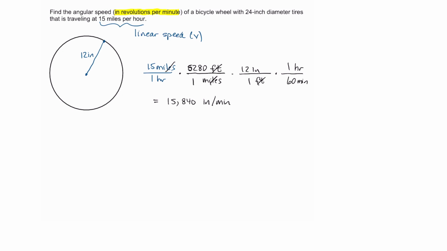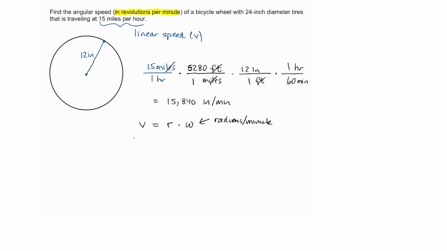So remember that linear speed, v, is equal to the radius times the angular speed, omega. Now remember, omega is measured in radians per minute, in this case, because our unit of time is minutes. So we actually already know two of the three things here.